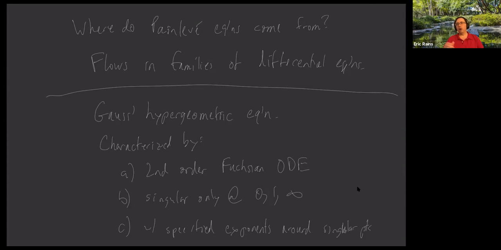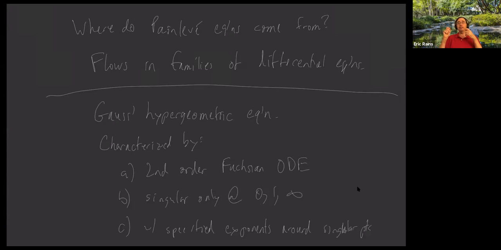So basically, the way to think of this, if you're less familiar with ODEs, is if you try to solve the equation at a generic point, it's a second order equation, you get a 2-dimensional space of solutions. But as you approach one of the singular points, it's still a 2-dimensional space of solutions, but the asymptotic behavior depends very much on what your solution is.